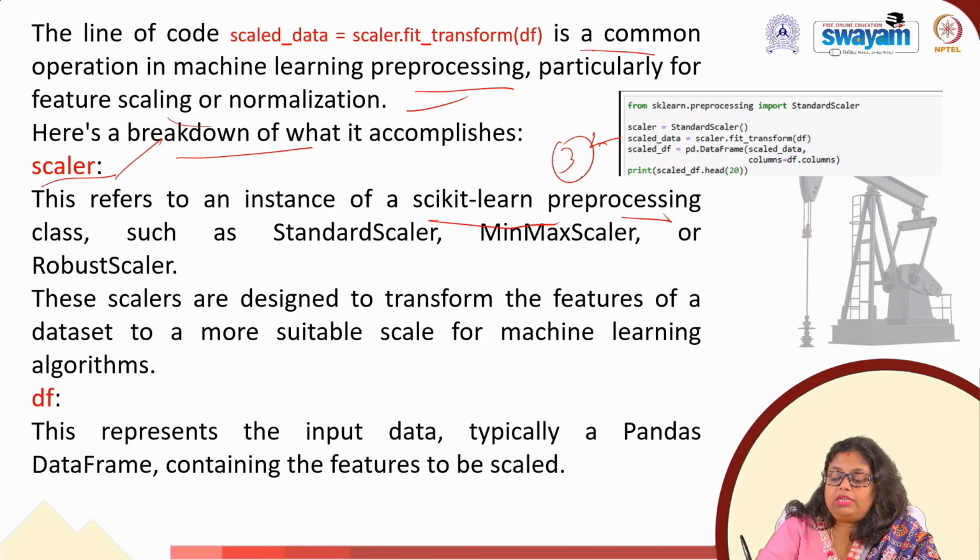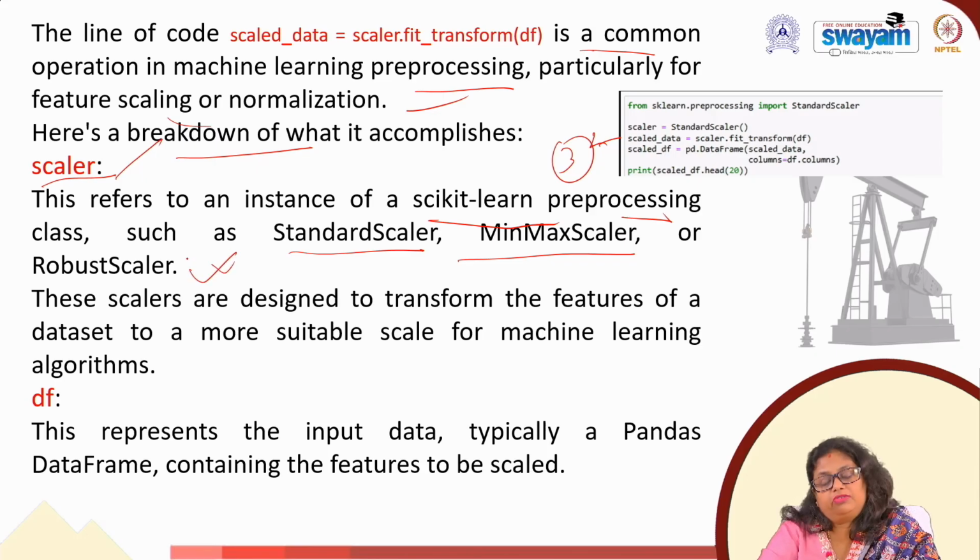In our case that is StandardScaler. Sometimes, when we work with MinMaxScaler, it would be MinMaxScaler, or with RobustScaler, it would be RobustScaler. We will talk about RobustScaler as well later. These scalers are designed to transform the features of a data set to a more suitable scale for machine learning algorithms.